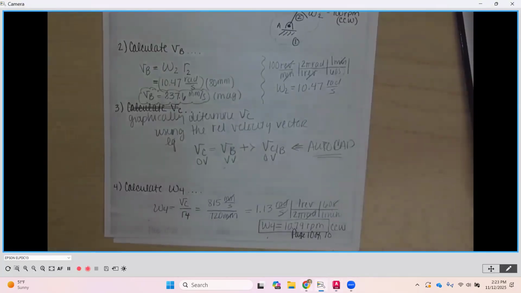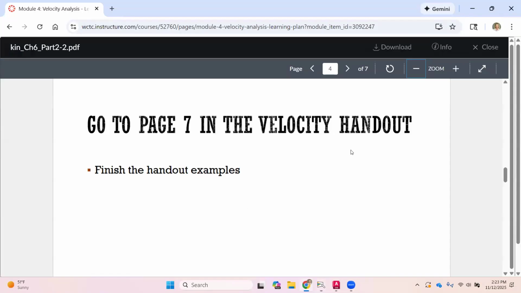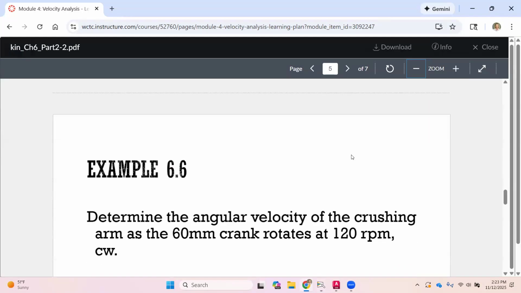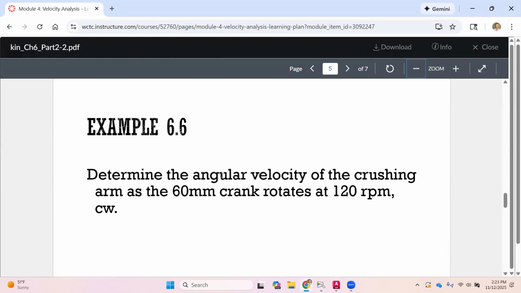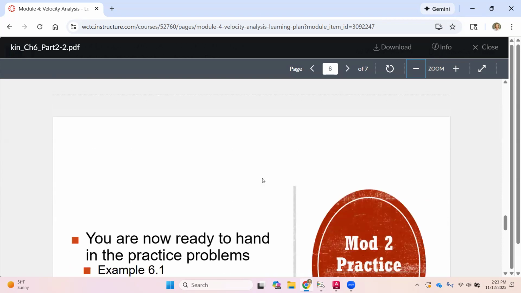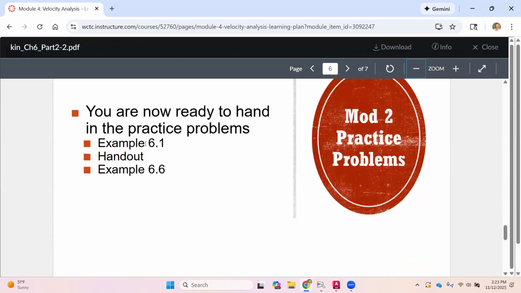Now, I'm going to let you in, so just pay attention here if you're not right now. You're going to notice that we have a couple more slides here. Example 6.6, we are not going to do. It says here you can now hand in your practice problems, and example 6.6, but we're not doing example 6.6 for practice problems. That's as far as we're going with the practice problems.